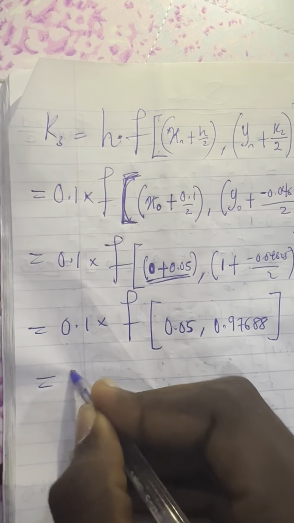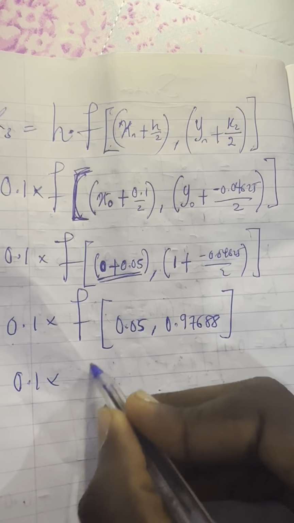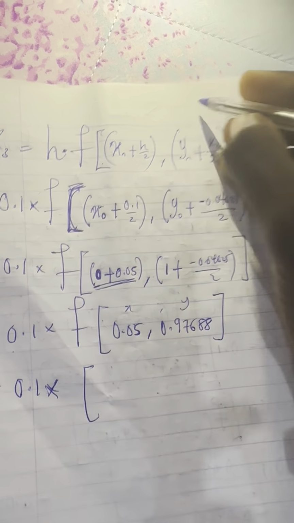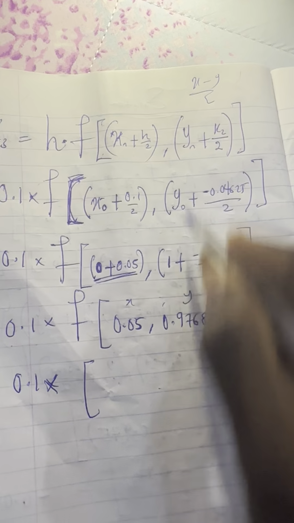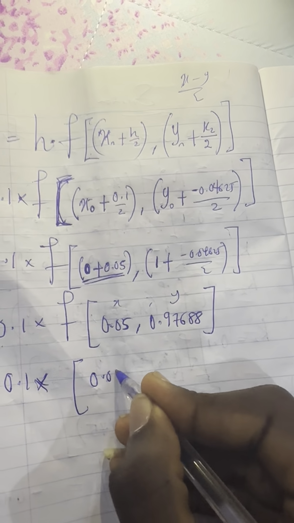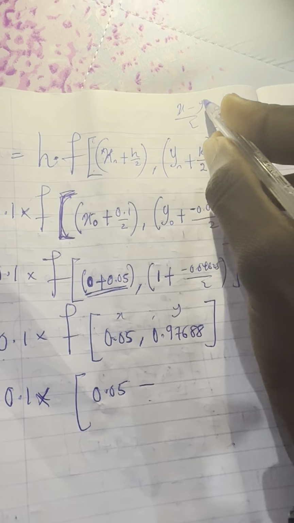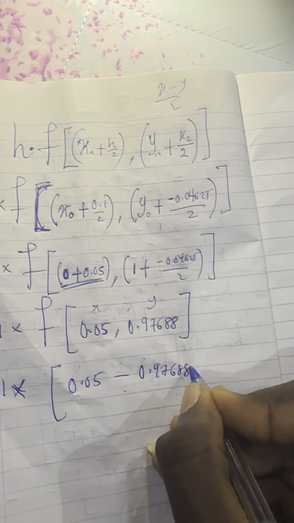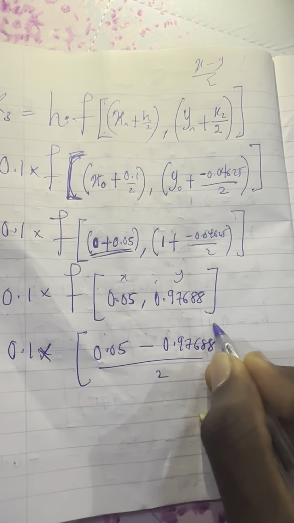So what will be your final answer for K3? Remember that your f of x comma y is x minus y over 2. So my x now is 0.05, so I'll substitute 0.05, minus, what is my y? 0.97688, then over 2.